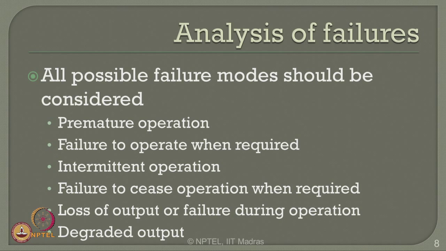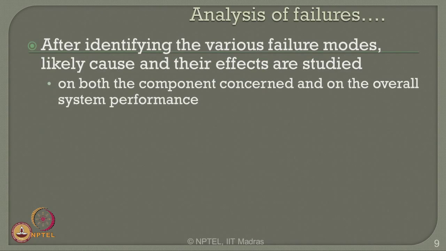These are possible failure modes of a given mechanical or electrical system, for which the components responsible for such failures are identified in a method called FMEA. After identifying the various failure modes, then the likely cause, the reasons for the failure, and if they fail, what would be their consequences.